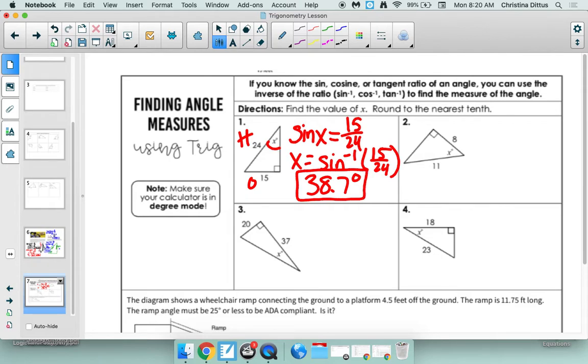Anybody not know how to find their sine, cosine inverse? You have to hit your button twice. So sine, hit it twice, then put your fraction. Anybody else not know how to put this in a calculator?